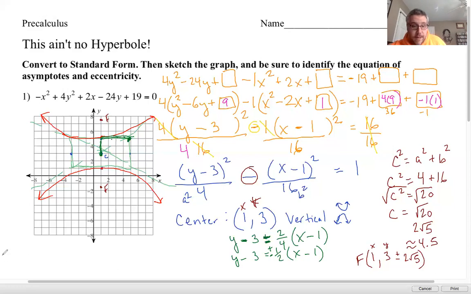And the only thing else I want to add is let's do the eccentricity real quick. A hyperbola has it as well as the ellipse. So the eccentricity is still e equals c over a. Same thing as the ellipse. The c value for this guy was square root of 20, which was about 4.5.